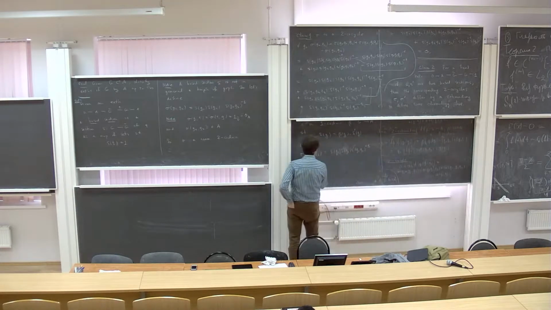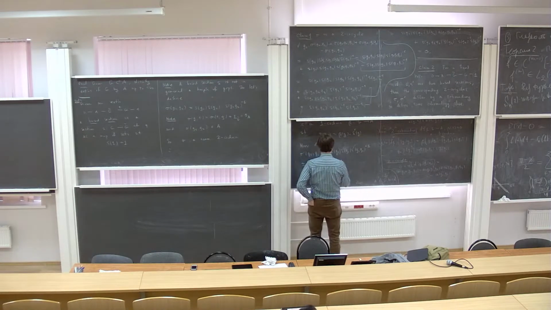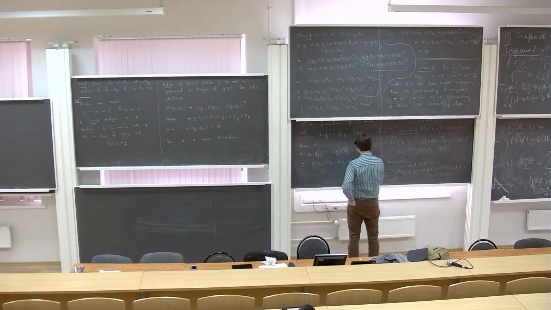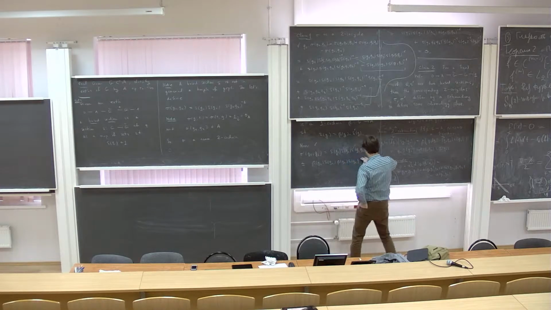So this is going to be beta of G1 times S of G1, beta of G2, S of G2, beta. So what is this?